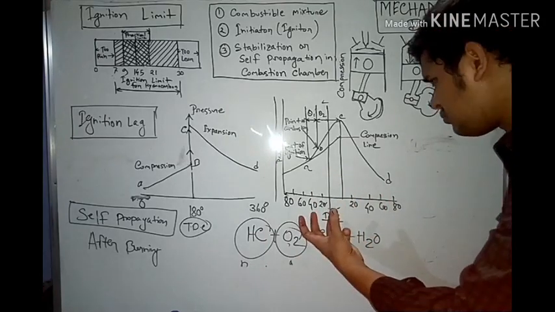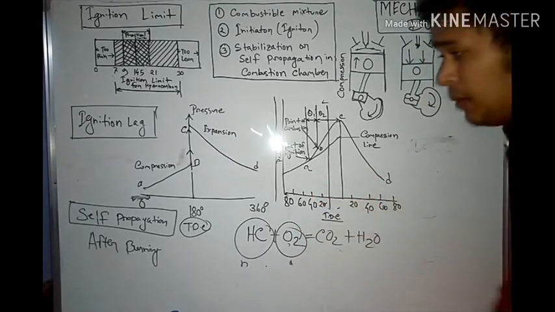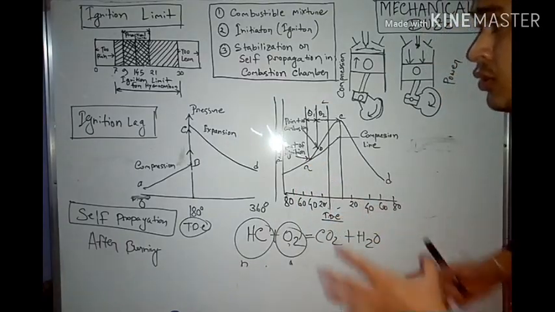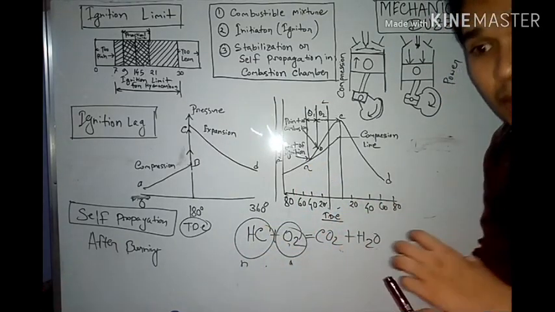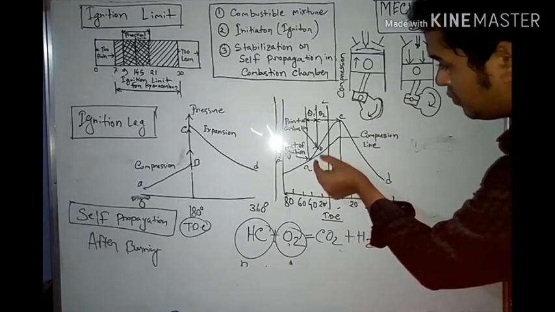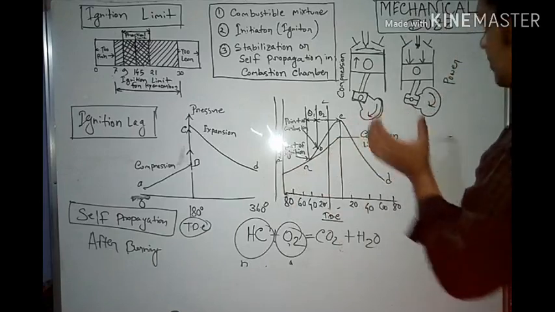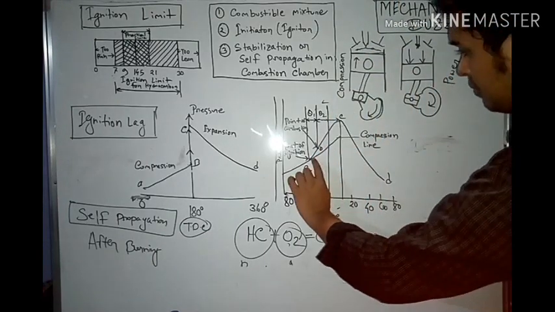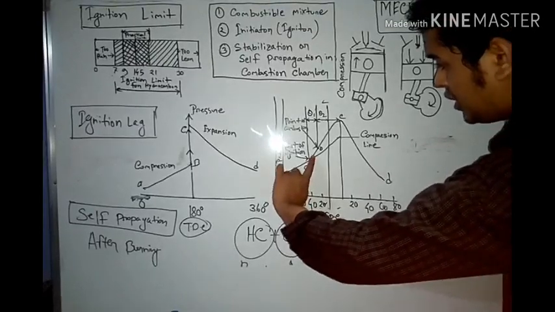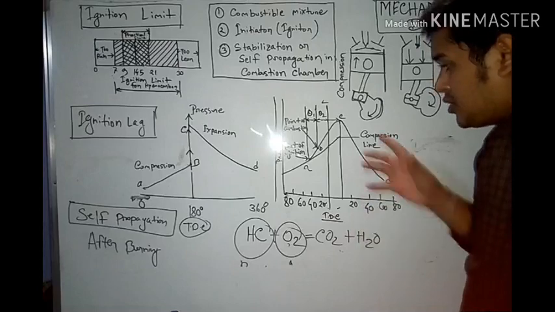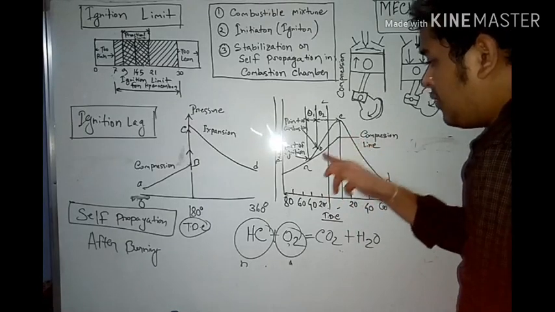The ignition starts from here, and the nucleus flame ignites the surrounding molecules inside the cylinder. From A to B, the piston is going up and the pressure is increasing, but the pressure suddenly increases alongside. So you can have quite a misunderstanding with this curve.